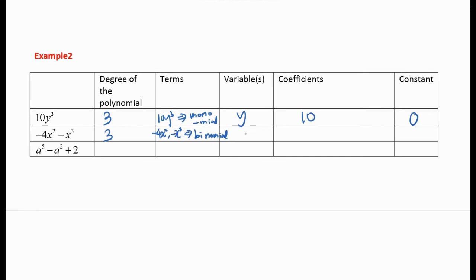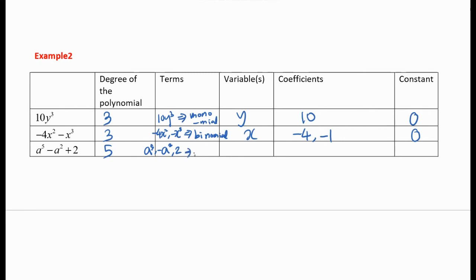And variable, it is using x, and coefficient -4, and one number is hiding here, everyone. -1. So -4 and -1. Constant, 0 again. So degree of polynomial, 5, 2, and 0. So degree is 5. And terms, we have 3 terms.